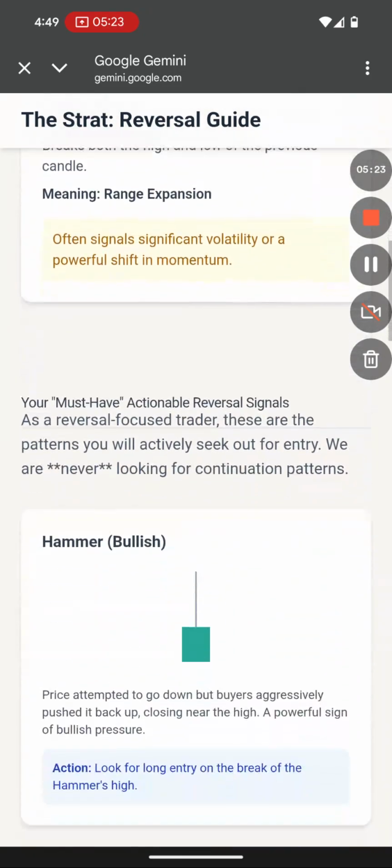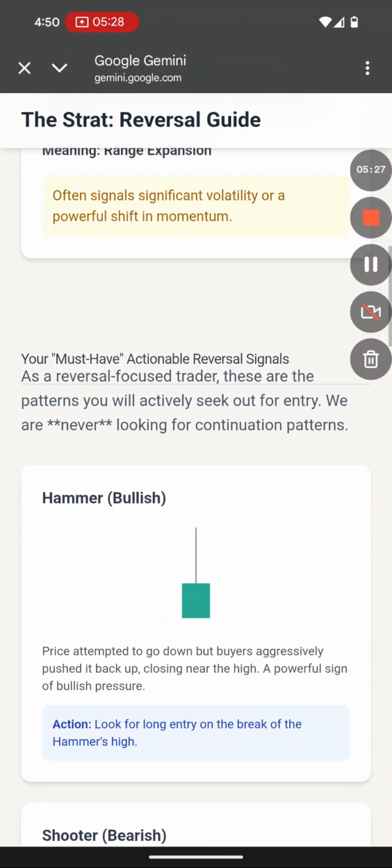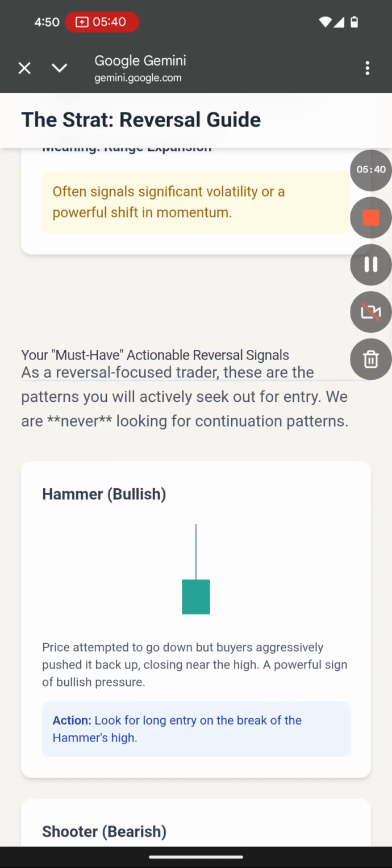Where was I? Yeah, so hammers. A hammer is a typical candle pattern. When you see a hammer, it's not only on downtrends, but we would love to see it on downtrends. So when you see those two down, two down, two down, and then this little green candle comes out of nowhere that looks like this, it lets you know the two down may be over with now, and we may be looking to head up.